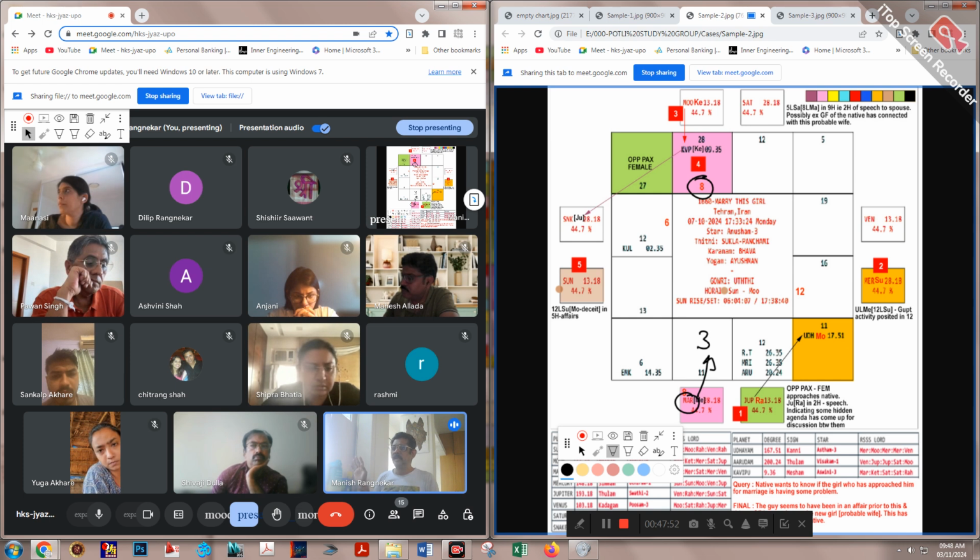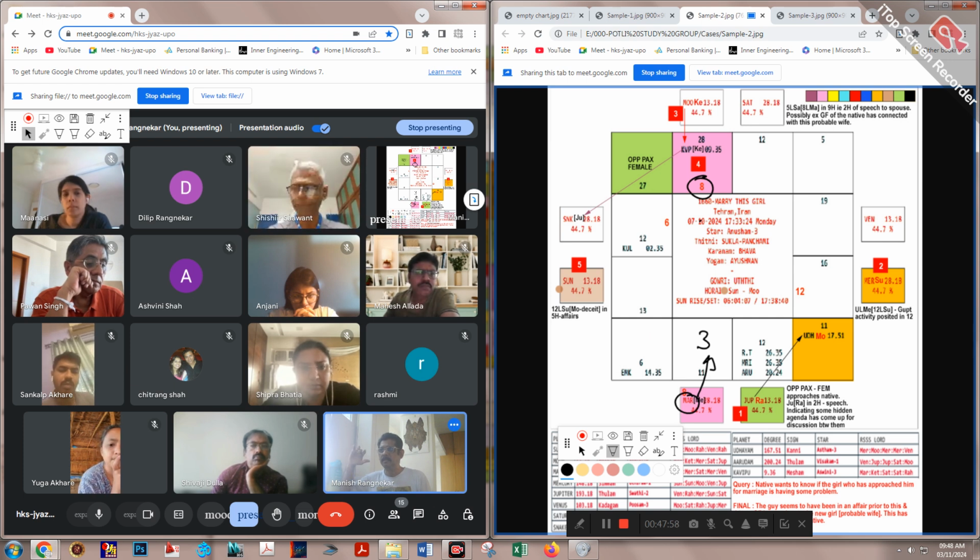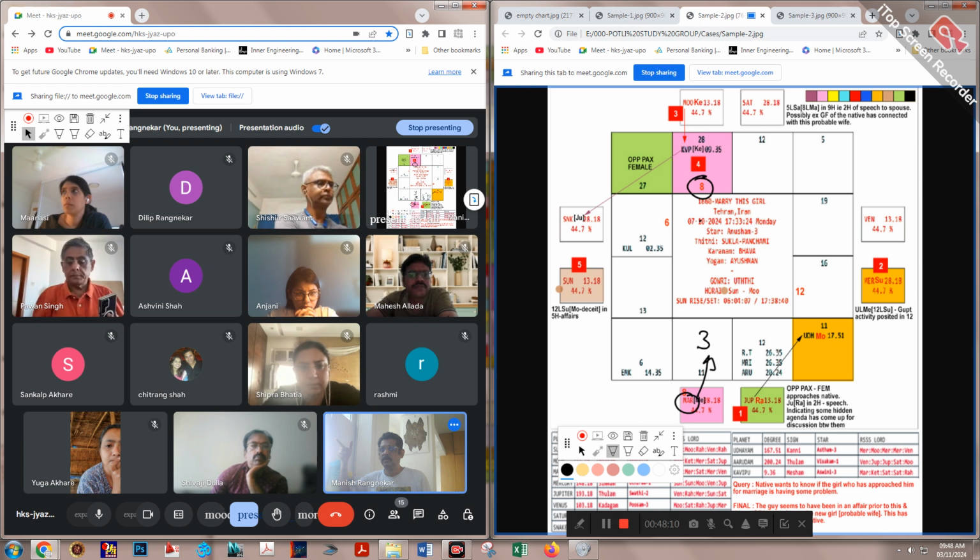We are not analyzing, we are just observing. So the 3rd and 8th lord Mars is seated in the 3rd house. 3 is engagement, 8th is obstacles. Mars is dispute. 3rd house is engagement.